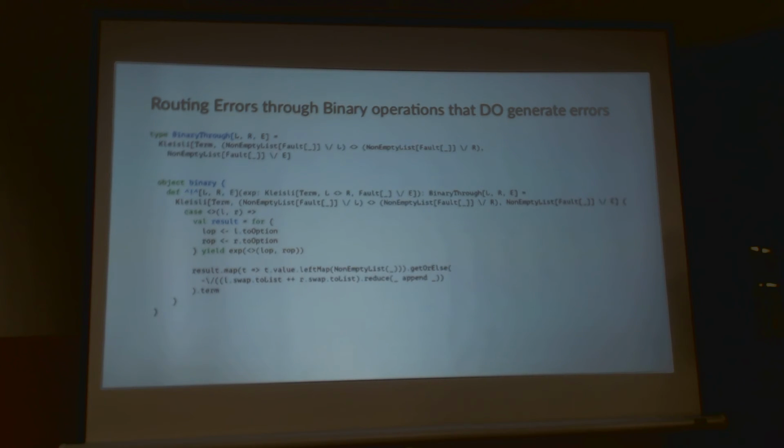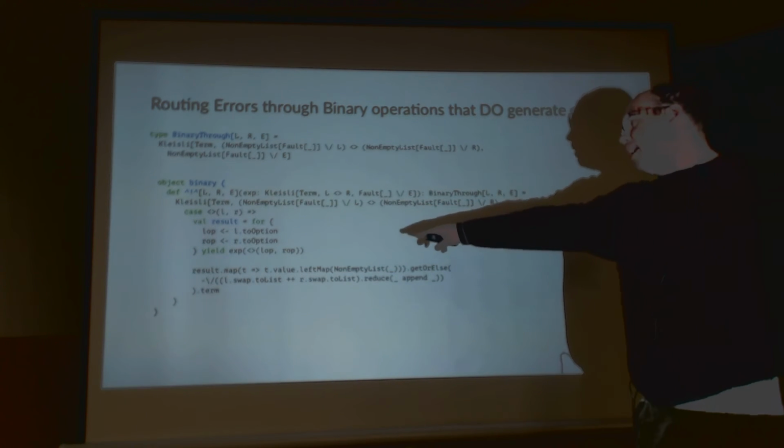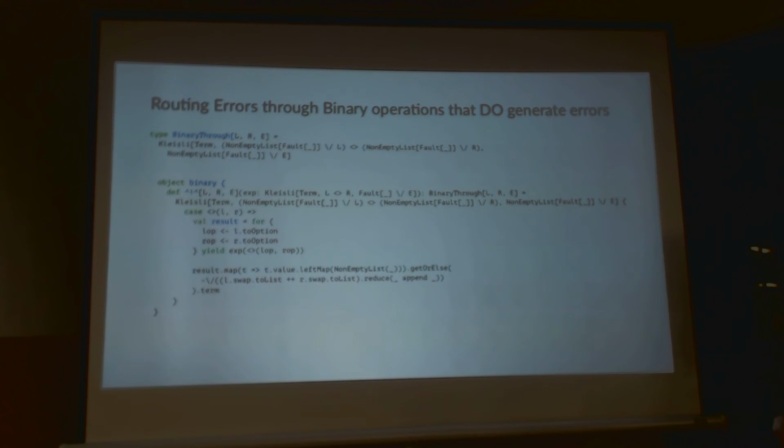The code below it is a little bit more complicated because once again we're dealing with two values. This is actually quite interesting here because this is only needed for the types to line up, because on the map side, there's no error condition there. But in order for the type correctness there, we're mapping that to a non-empty list of the value. So you have a single value and we're putting it into a non-empty list.